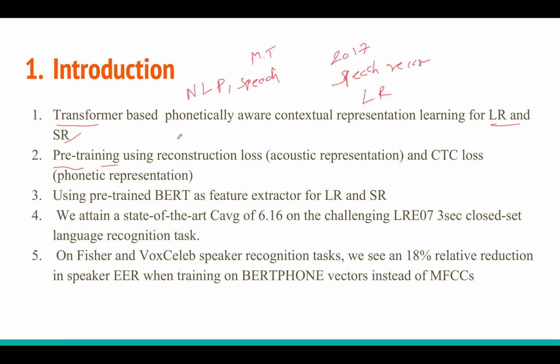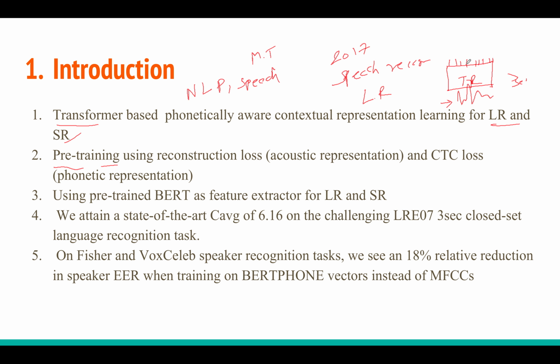And once the pre-training is done, you can simply extract the top level embeddings from the transformer. Let's say this is your transformer, let's call it TR, and you have audio. Once you train this transformer using an unsupervised technique, assume it is some sort of semi-supervised training, you can feed any audio and get these high level embeddings.